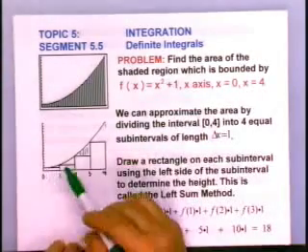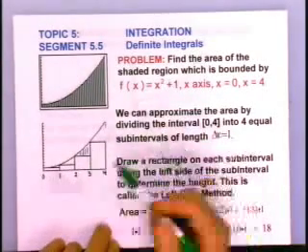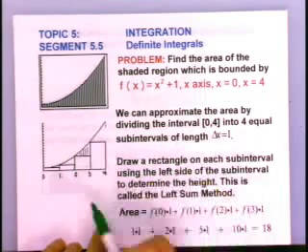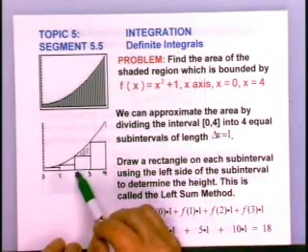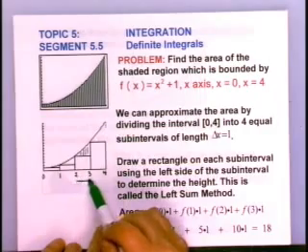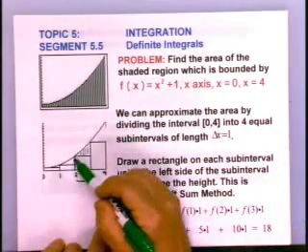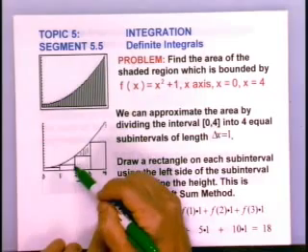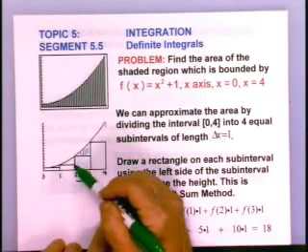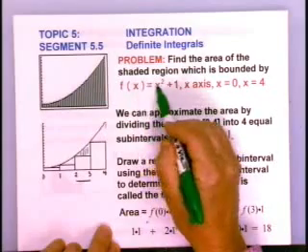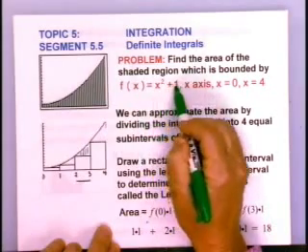What I've done is I've drawn the 4 rectangles, and I've built these rectangles on the left side of each subinterval. Let's look at the subinterval that runs from 2 to 3. I went to the left side of this subinterval, took the number 2 to determine the height of this rectangle by plugging 2 into the function. f of 2 is 2 squared, which is 4, plus 1.